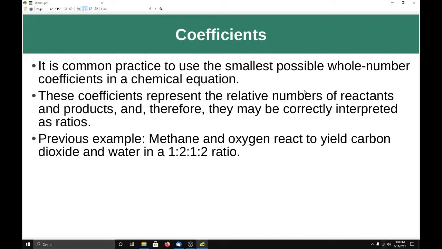So you have one thing to another. And we saw in our previous example that with methane and oxygen, it requires 2 oxygen molecules to every 1 methane molecule, and that you're going to get out 1 carbon dioxide for 2 waters.